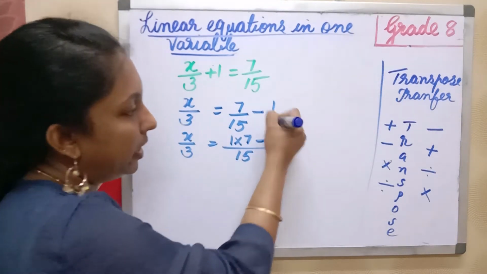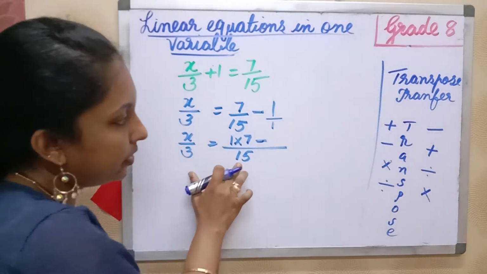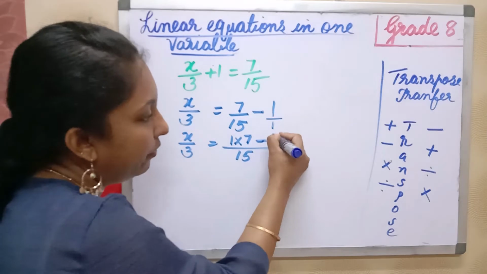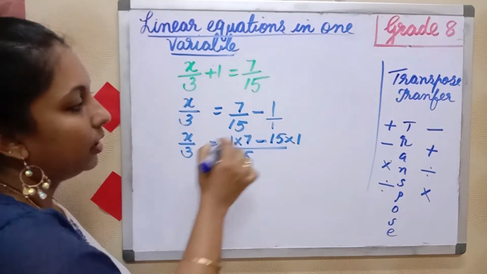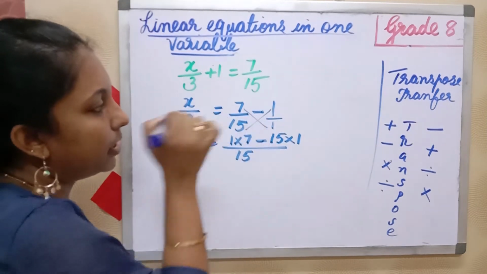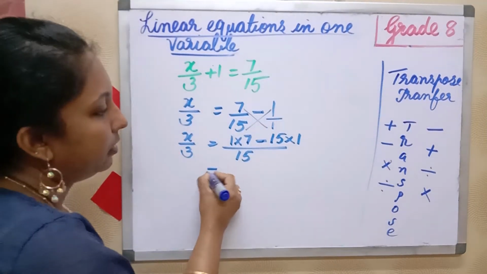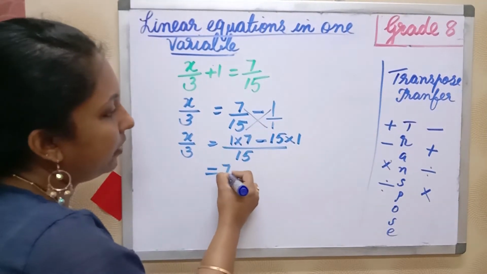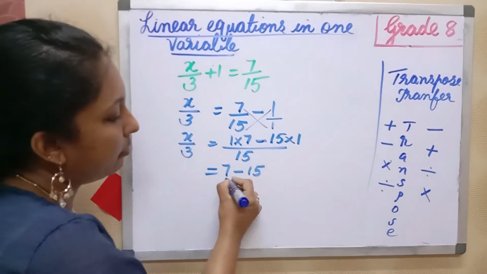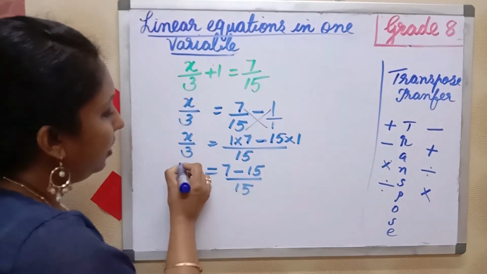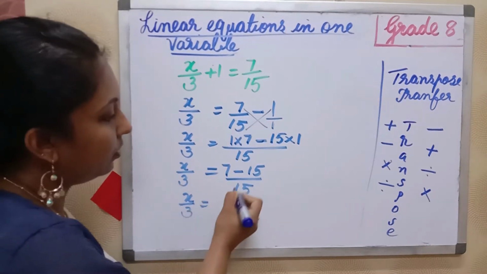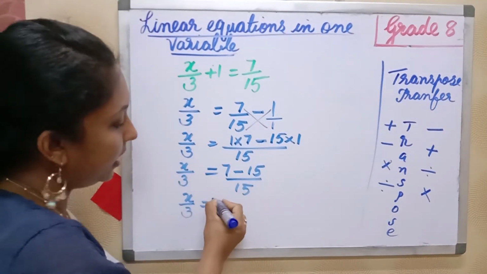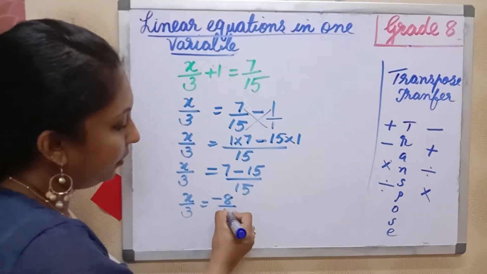Then here denominator is 1. So again 50 divided by 1 is 50 into numerator 1. Otherwise you can cross multiply, both fine. 7 minus 50, x by 3. That is x by 3 is equal to 7 minus 50 is minus 43 by 50.